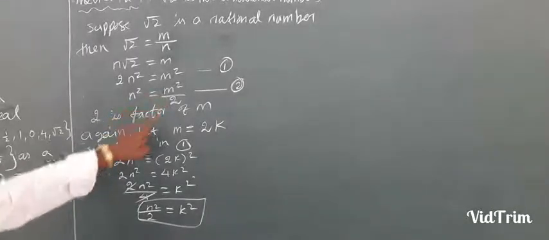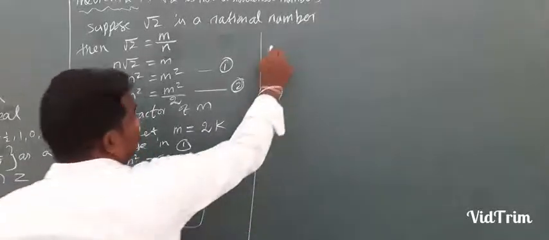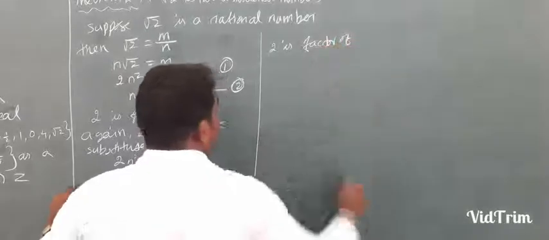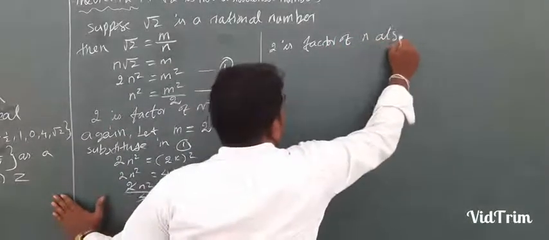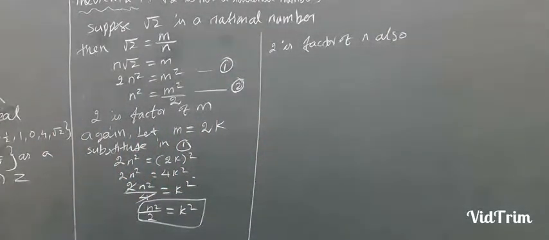Here M square by 2, here N square by 2. So I am trying to say 2 is a factor of N also. One number cannot have a factor of two numbers. So it is a contradiction.